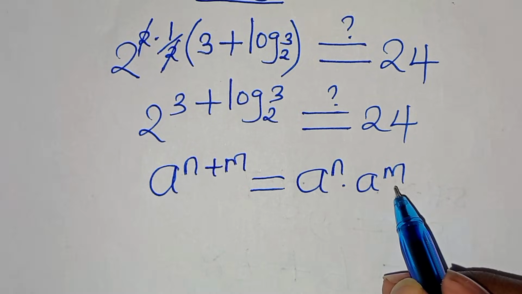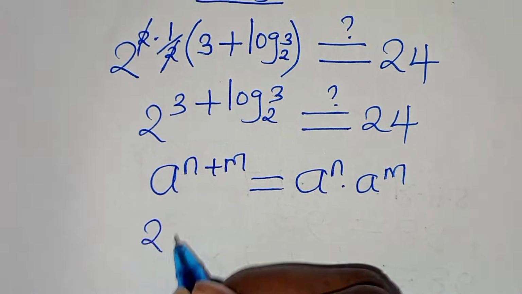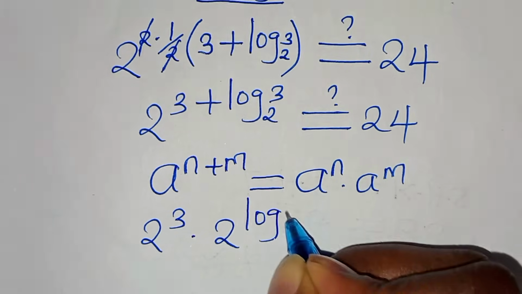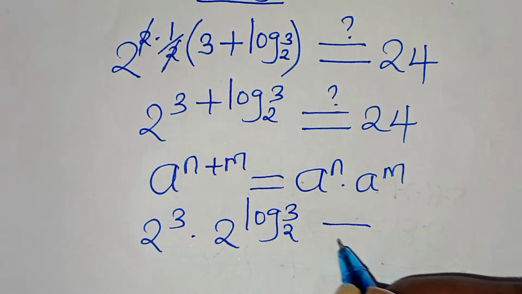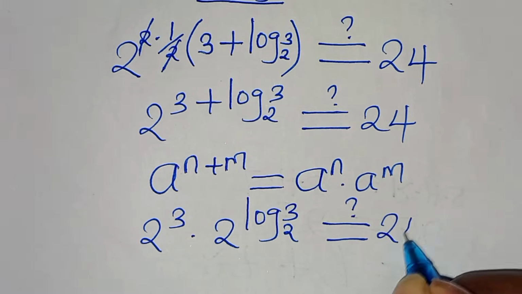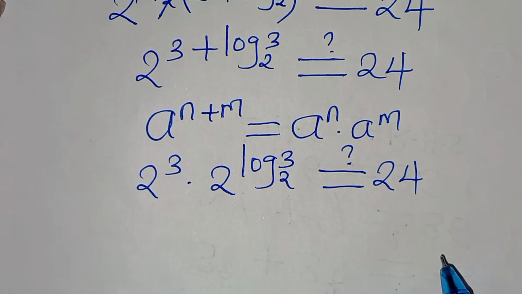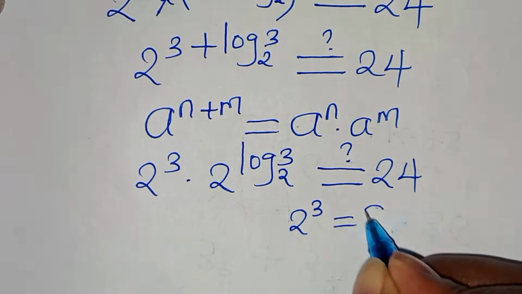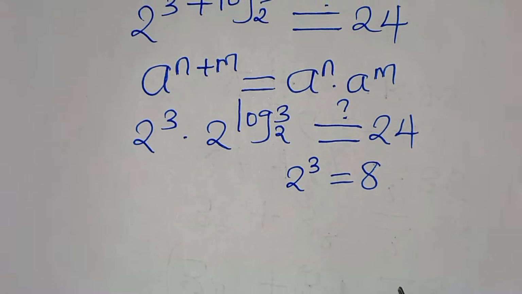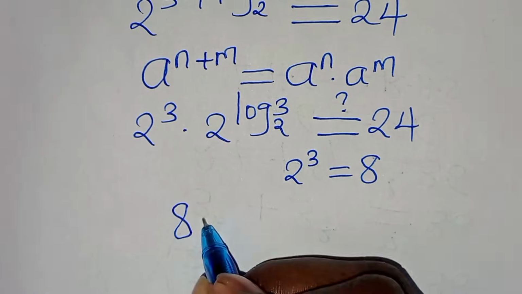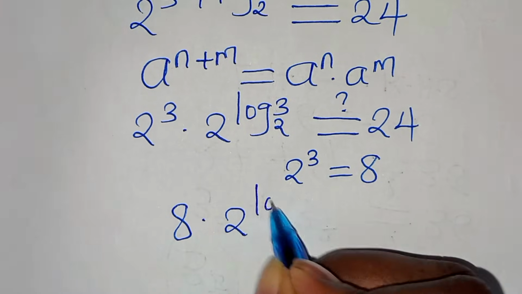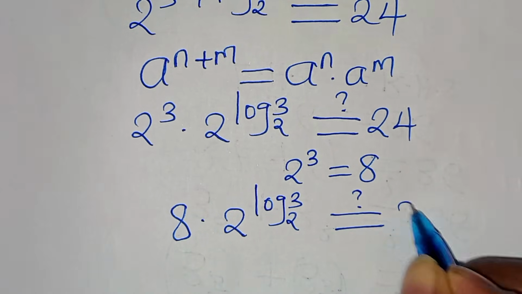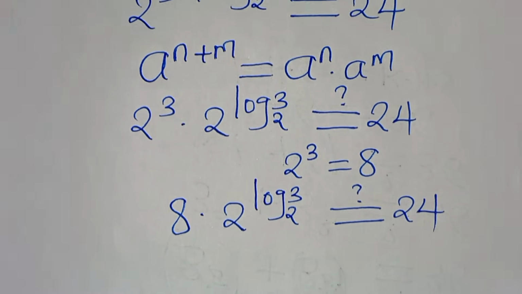Applying this exponent property, then we have 2 to the power of 3 times 2 to the power of log 3 to base 2. So 2 to the power of 3 is equal to 8. So we have 8 multiplied by 2 to the power of log 3 to base 2.